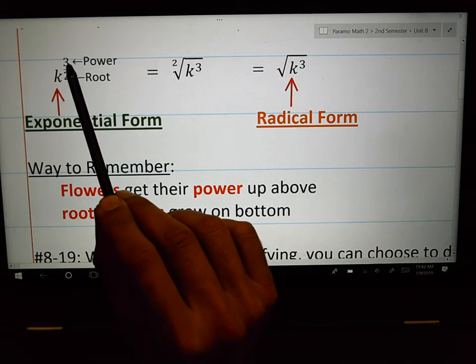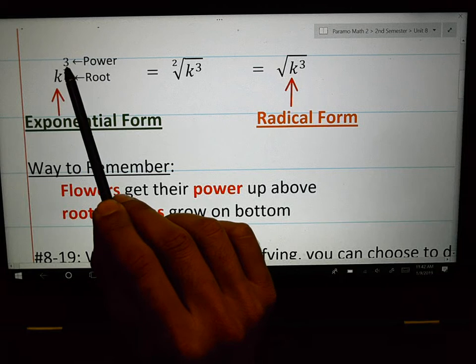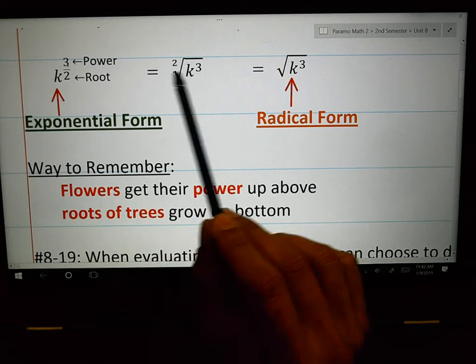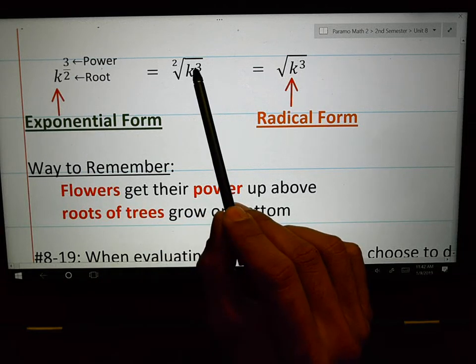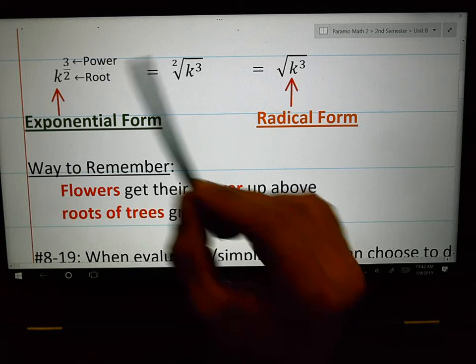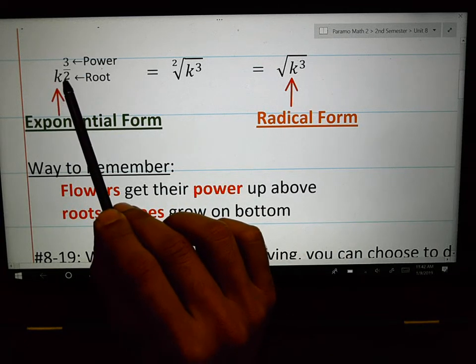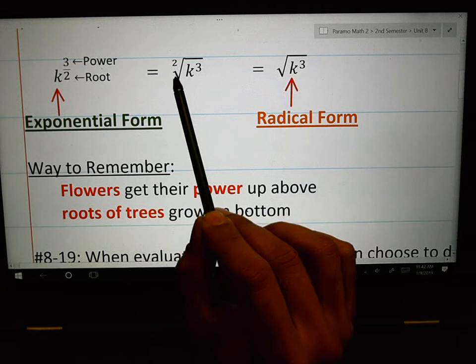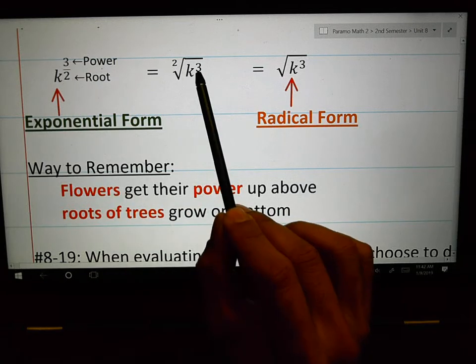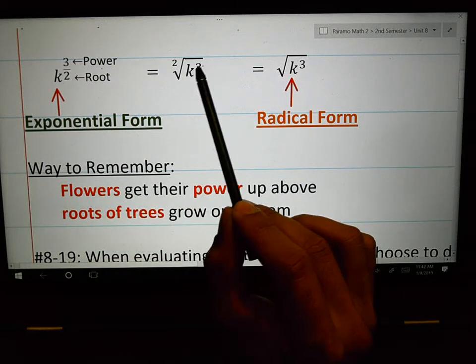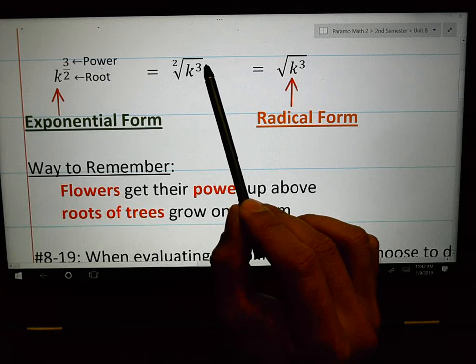The top part of the fraction is the power, the exponent part of your problem. So if I have k to the 3/2, I can change this 2 to the root, put a radical sign, and then put the 3 either inside or outside. It doesn't matter if it's inside or outside of the radical.